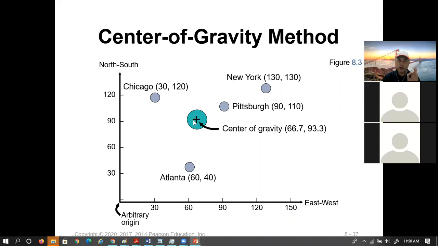If our company is located in this location, there will be the minimum cost to go to Pittsburgh, New York, Chicago, and Atlanta, rather than a location that is not efficient or effective. It will be costly. So this is based on the center of gravity.